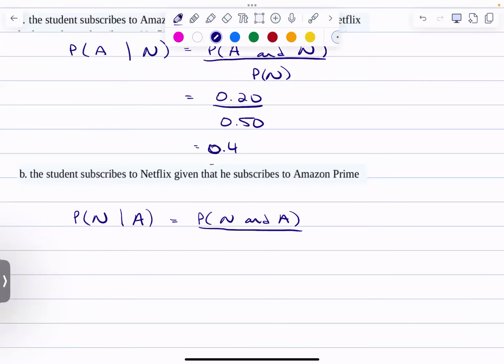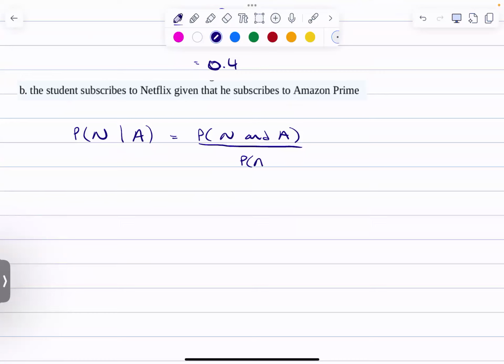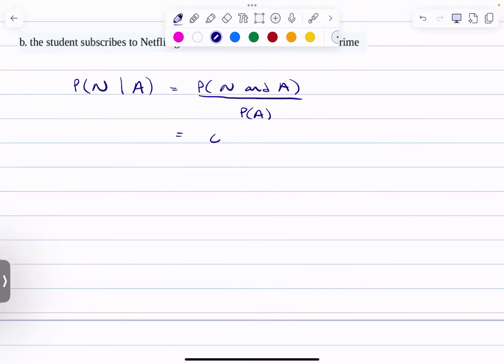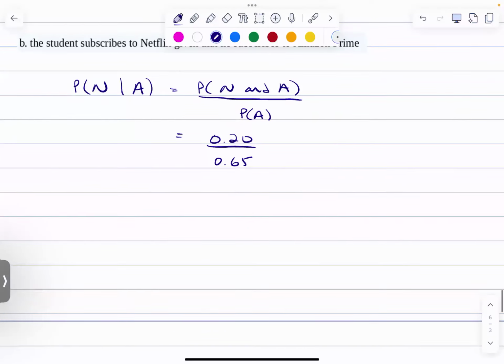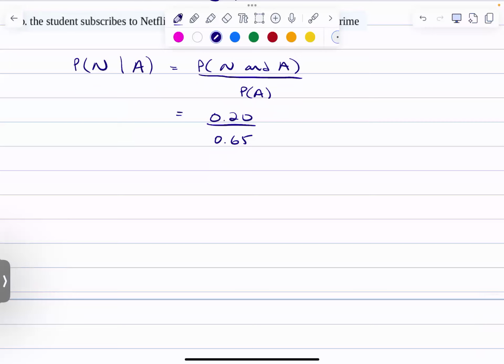Divided by the probability of A. I get 0.2 divided by 0.65, I think. 0.2 divided by 0.65. Ugh. 0.30769233077.